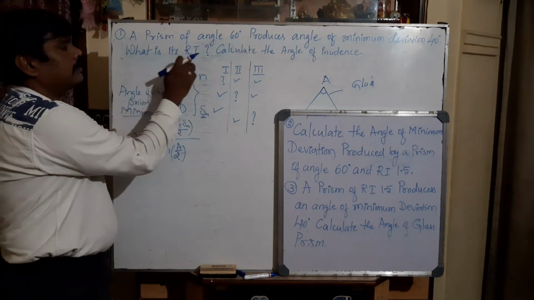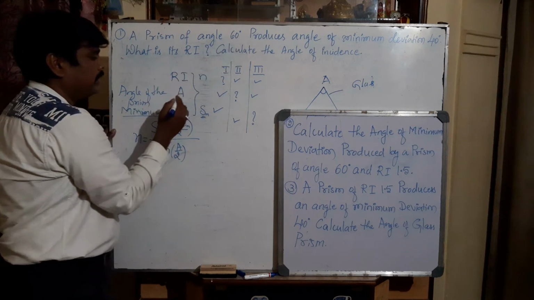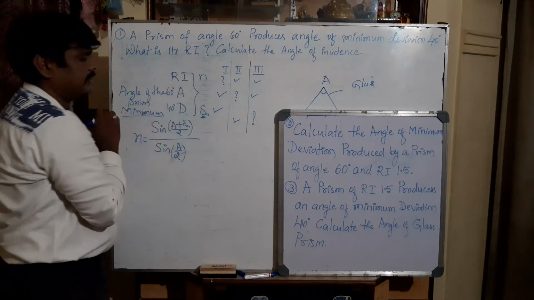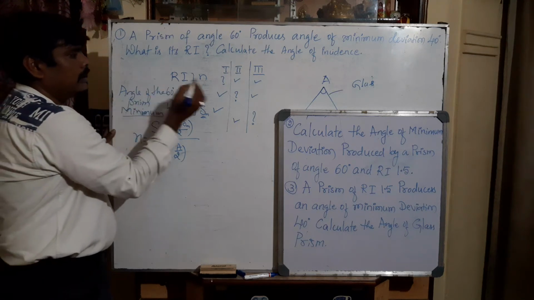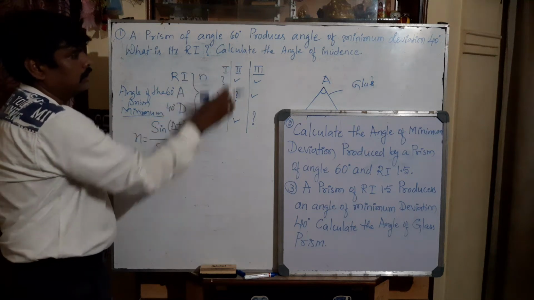And what is the refractive index? We have to calculate the refractive index, and at the beginning they have given the angle of the prism, 60 degrees. So in the first problem, I have taken an example for the first method.